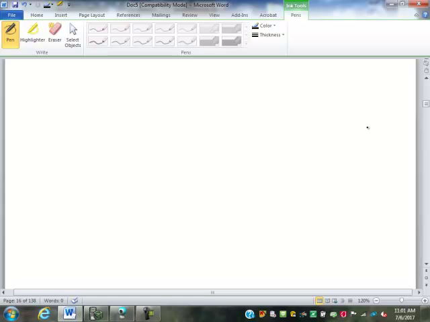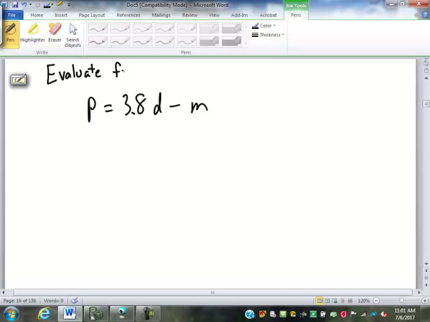Okay, so now that we know our operations with decimals, it is very possible for us to run into something like this. Might be asked to evaluate for P when D equals 2.5 and M equals 5.1.